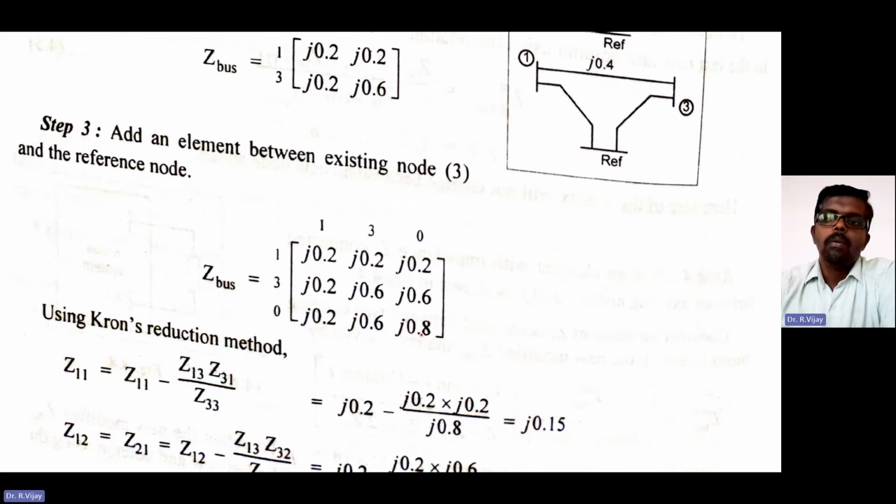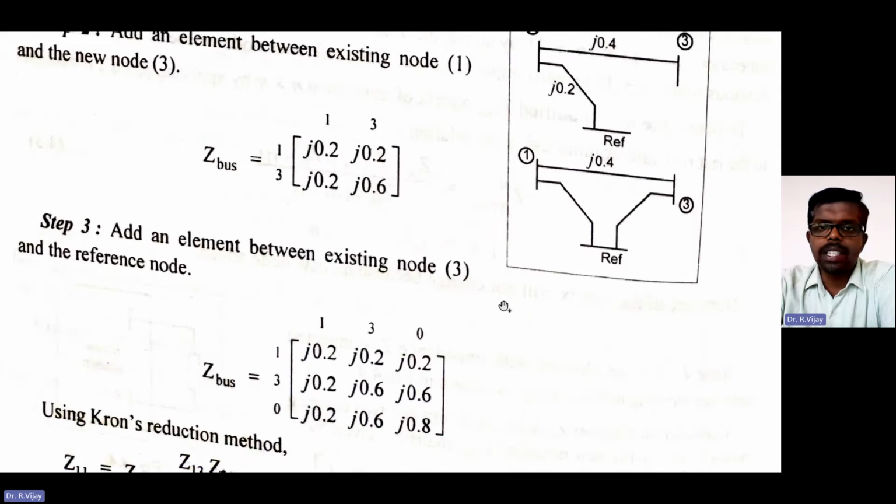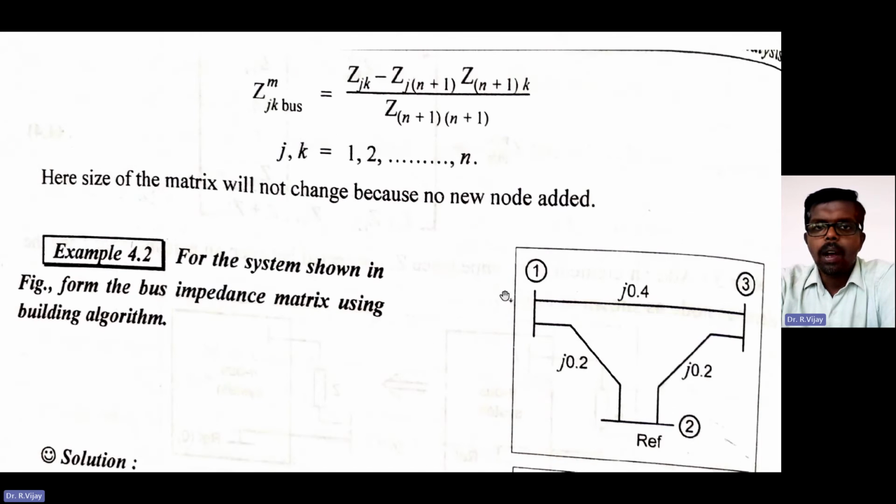Okay. Now what we need to do is reduce this matrix by using Kron's reduction method. So what is the formula for Kron's reduction method? The formula we have already seen.